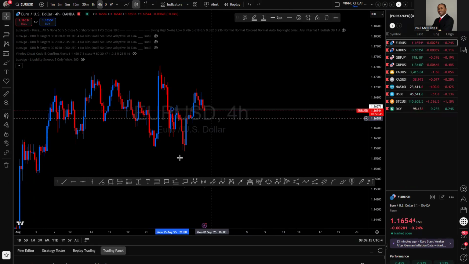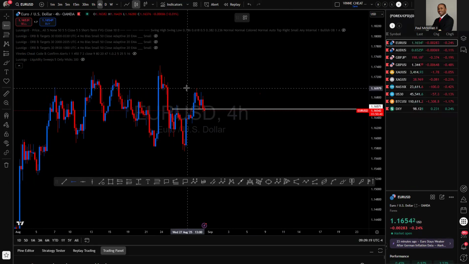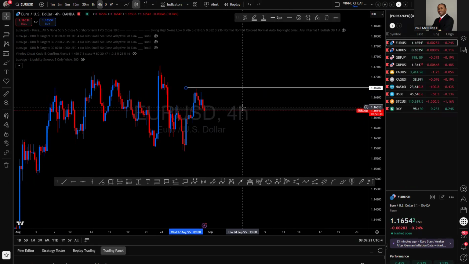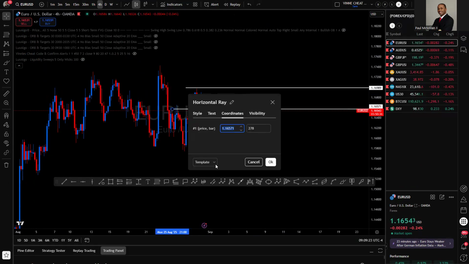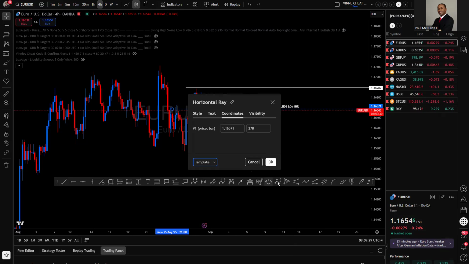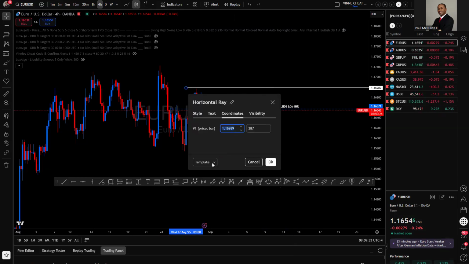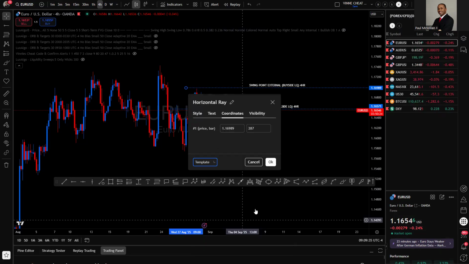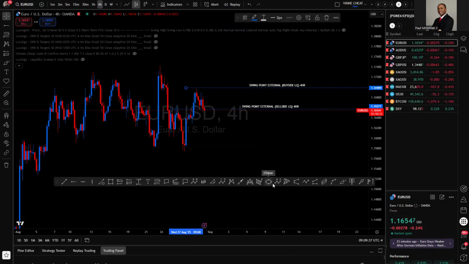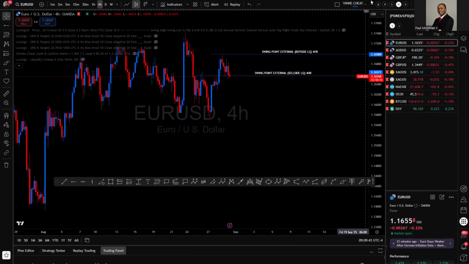Then it's going to mark up liquidity here, and then there's liquidity right up in this area as well. This is sell side liquidity on the 4 hour, and this is buy side. So that's all we're going to mark up on the 4 hour.